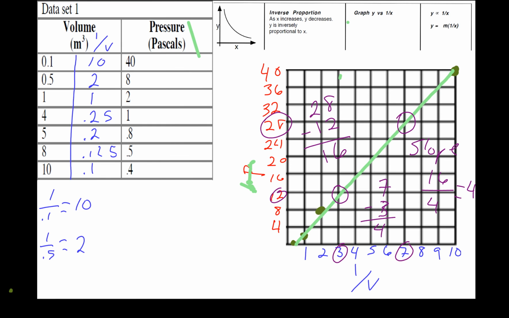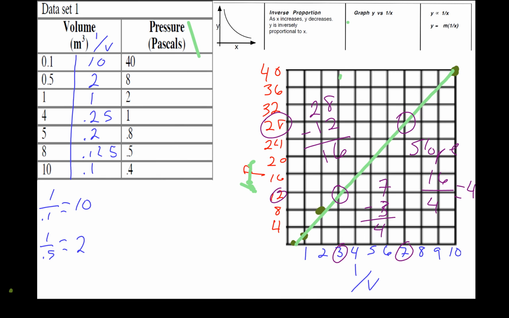So now we finally write out our equation. Putting it all together, you can see here that y is equal to m times 1 over x. So instead of writing y, I'm going to write down what my y-axis is, which is P. And instead of 1 over x, I'm going to put down what I have for my dependent variable, which is pressure.